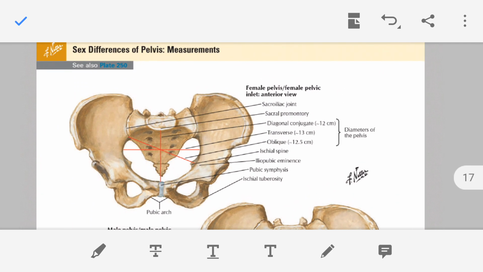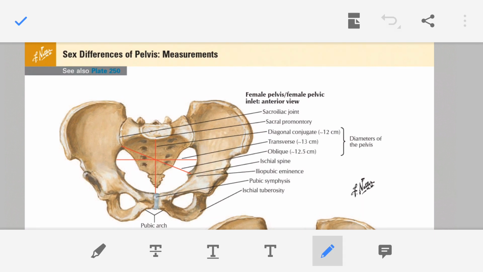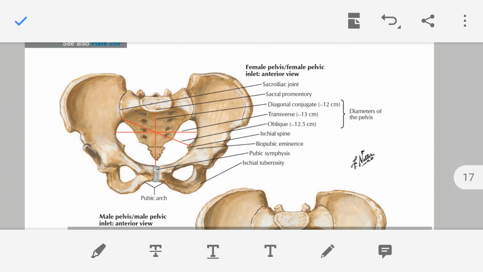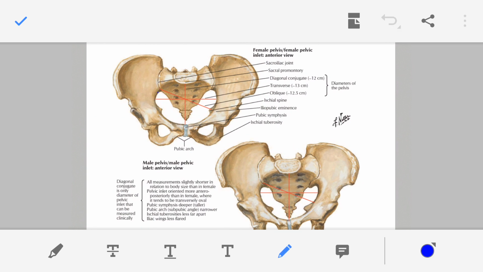I would like to show you a few more figures. If you have time, you can go through these. These are very good figures. For example, here on the right side it is written female pelvis, anterior view. Compare this part and this part. This is the male pelvis and this is the female.